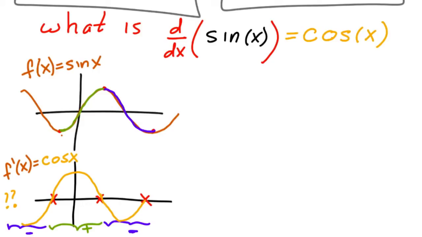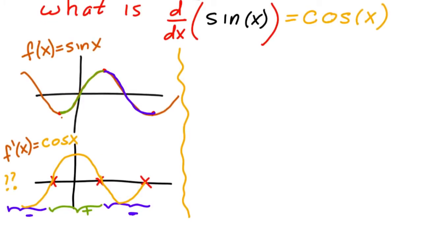Okay, but that's not very rigorous. You just draw a little picture and just guess. So what are we going to do? Well, why don't we use the definition? You remember the definition of the derivative, right? I certainly hope so. Alright, so I'll write it down just in case.